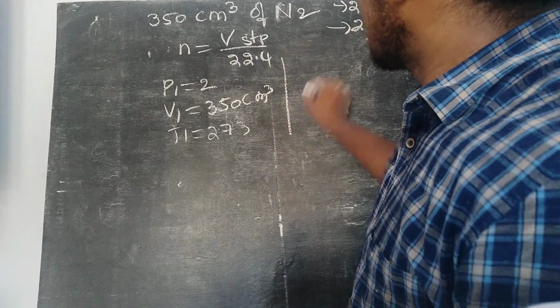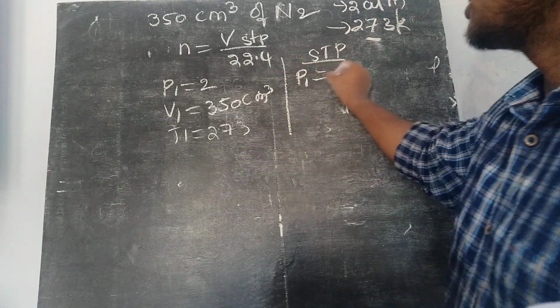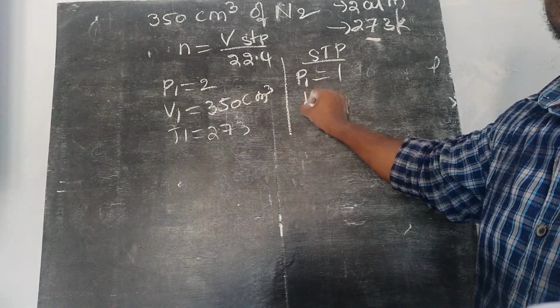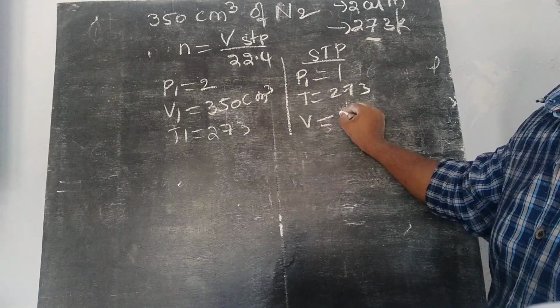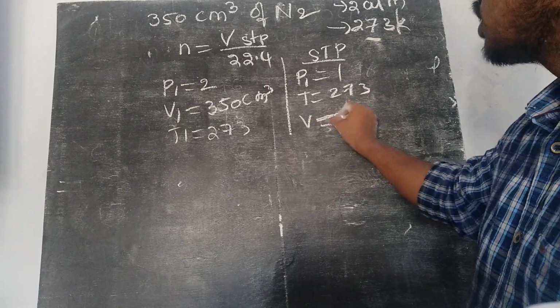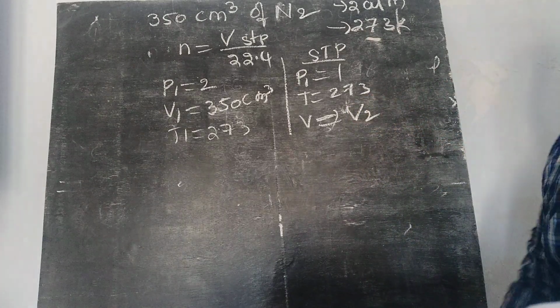So here temperature how much? 273. Generally at STP, pressure is equal to 1 atmospheric pressure, temperature is equal to 273 Kelvin, and volume we have to calculate. At STP the volume we are calculating, I am taking it as V2.